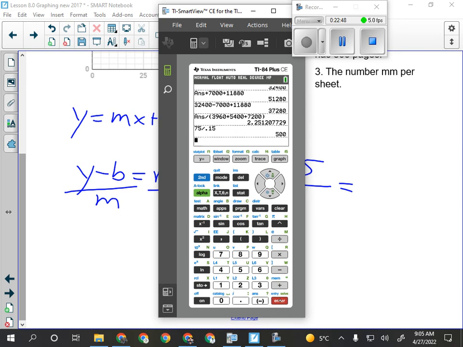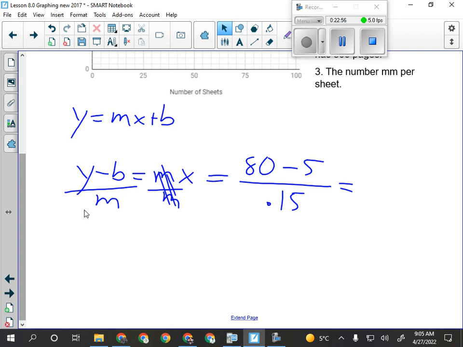Okay, so that's a 500-page book. And if it's 80 millimeters thick, it has 500 pages. Or sheets, we should say, because that's the unit they gave us. Okay, everybody all right with that?